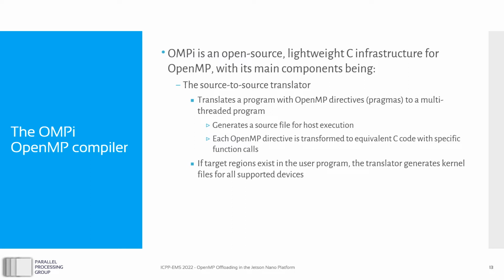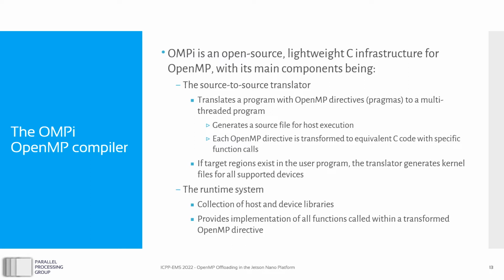First, the source file for host execution is generated, with its OpenMP directive being transformed to equivalent C code with function calls. And for target regions, we also need to generate kernel files per target region. The second component of OpenMP is the runtime system, which is a collection of host and device libraries. Those libraries provide implementation of functions called within a transformed OpenMP directive.